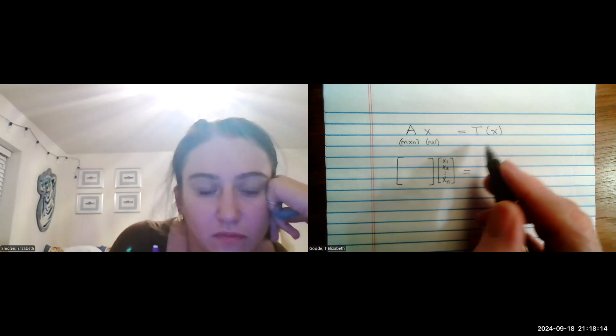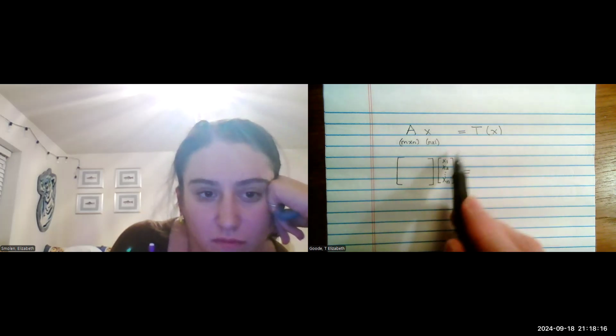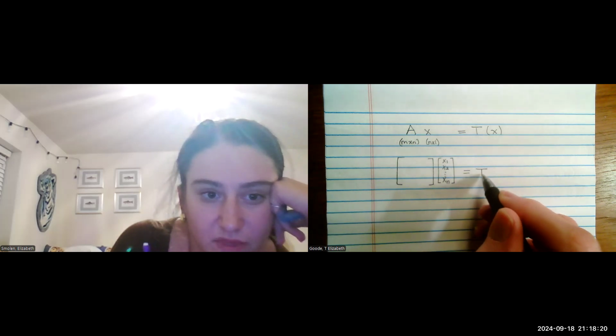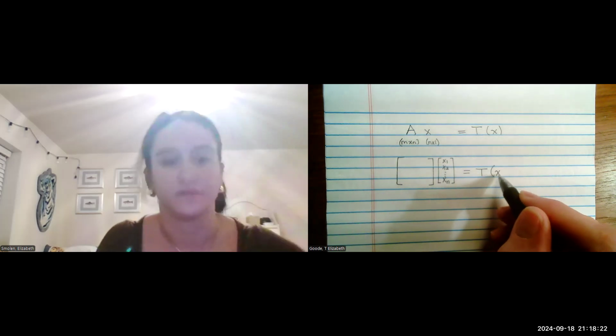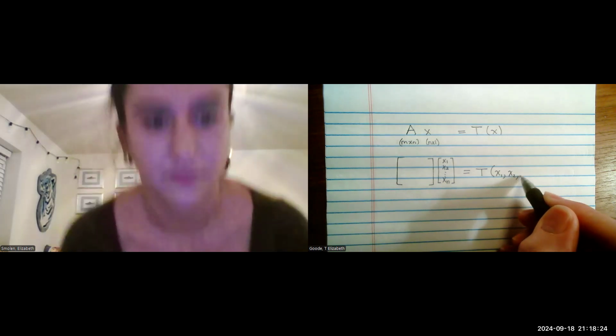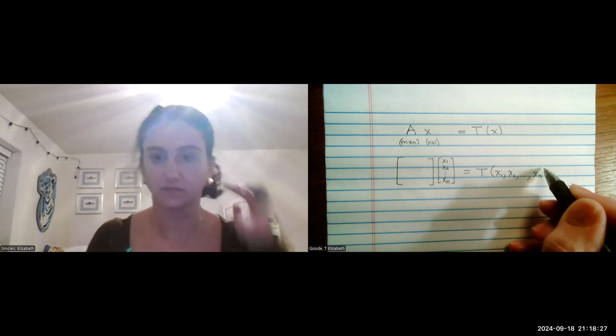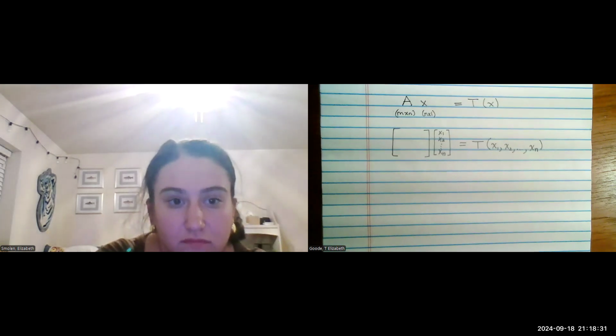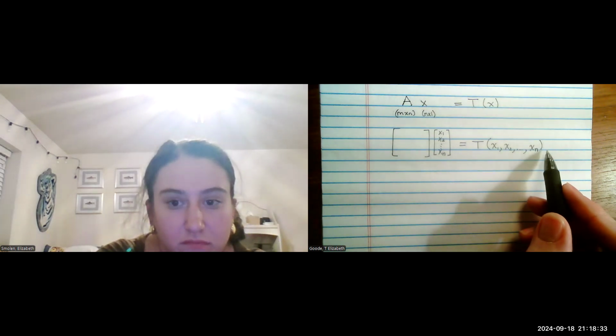But here, the vector X isn't written like a vector. Here, it's written as an ordered pair or ordered tuple. That's what I mean by just notation. We write it horizontally.